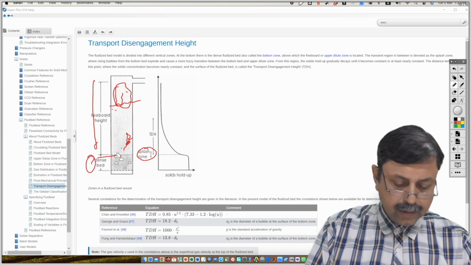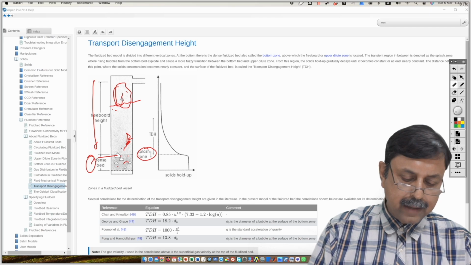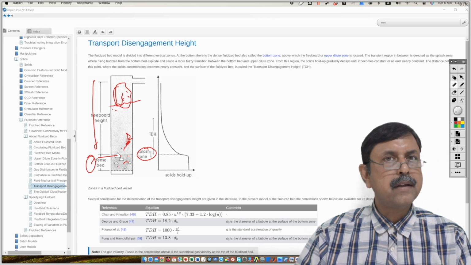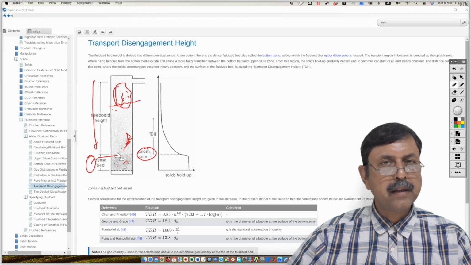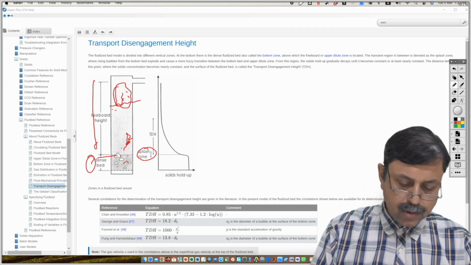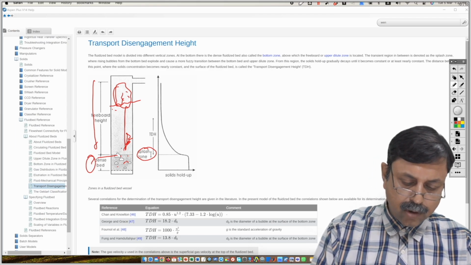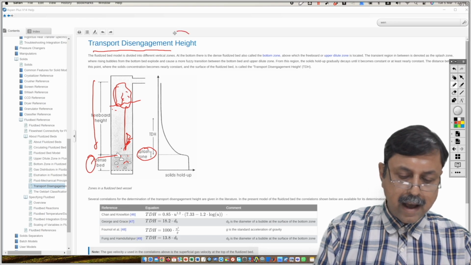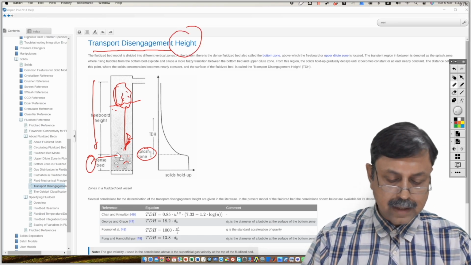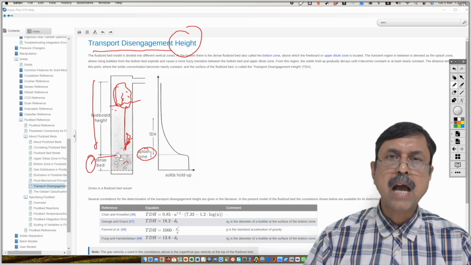So this is the zone where the particles are dense, and this is the zone where the particles are free and their concentration in the gas phase is also constant. Between them, there will be a transition phase, and that phase is called the transport disengagement phase, and the height of that is called the TDH, or transport disengagement height.